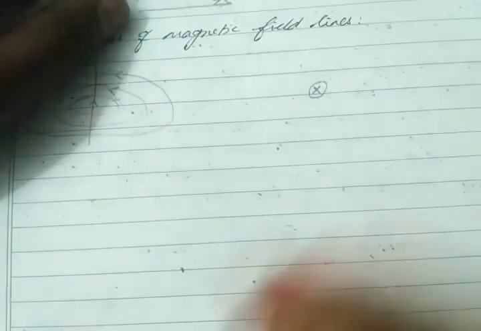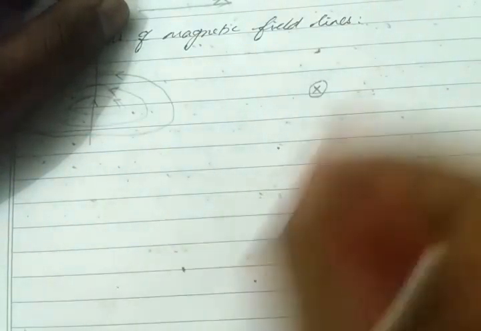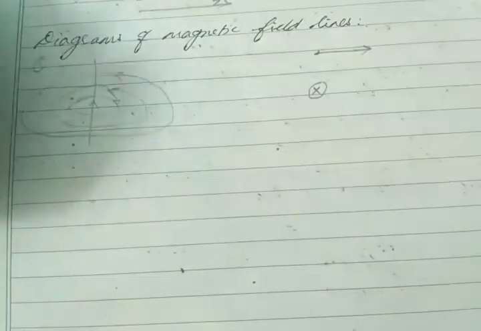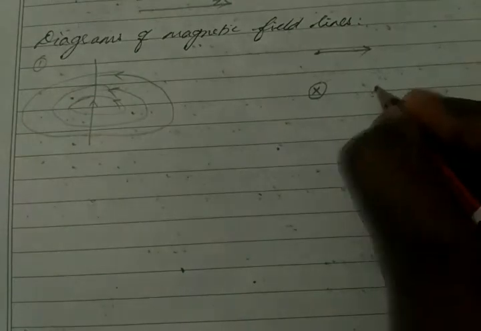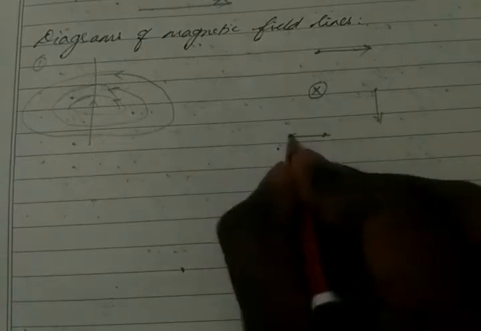So if I take a point here, just imagine, you will be able to find it. If I take a point here, then at this point my direction of magnetic field is like this. If I take another point here, then the direction will be like this. If you take a point downwards, it shows like this.